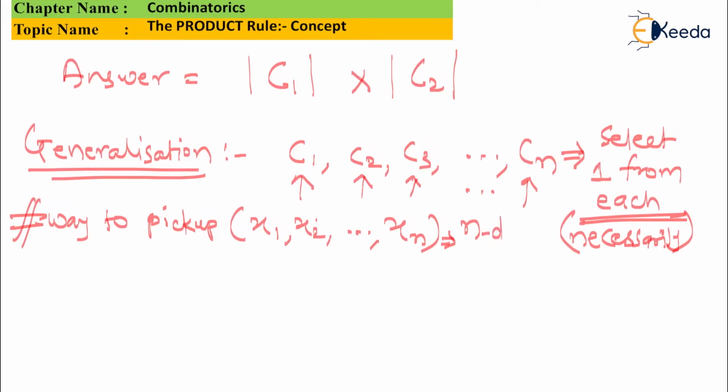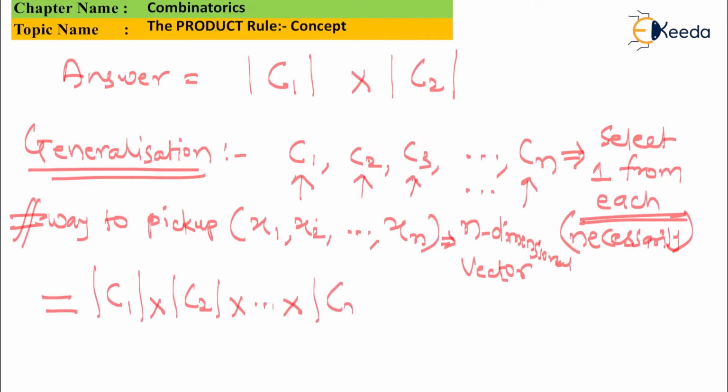So the question that should be asked is, under these conditions, how many such n-dimensional vectors exist? And the answer is the size of choice set 1 into the size of choice set 2 up to, that means the grand multiplication of the sizes of each set. This could be summarized equally as the running product from 1 to n of the size of choice set i.